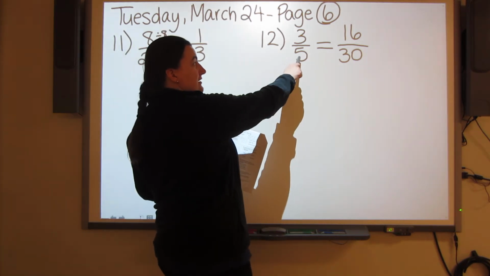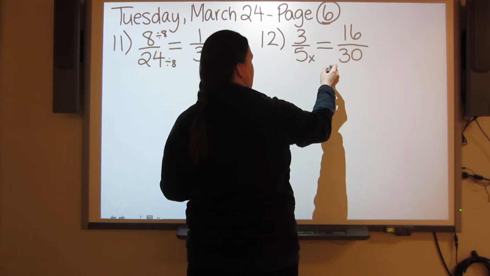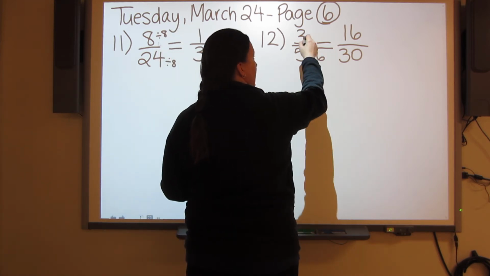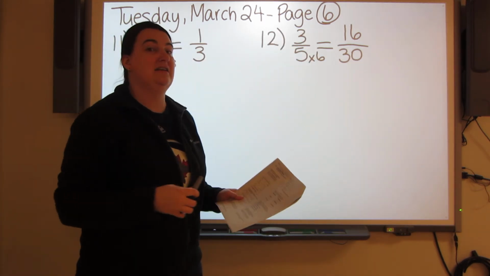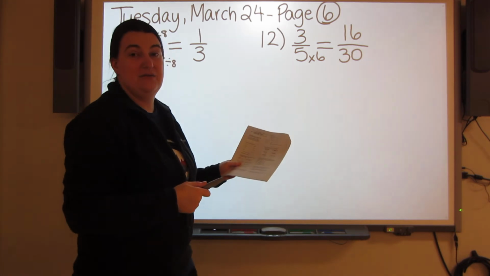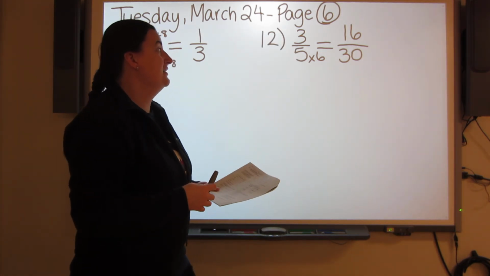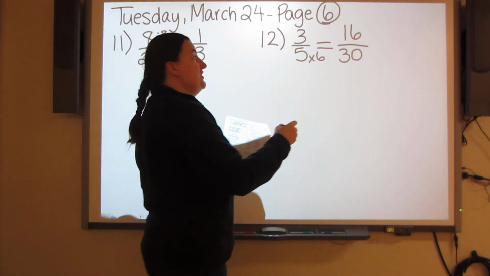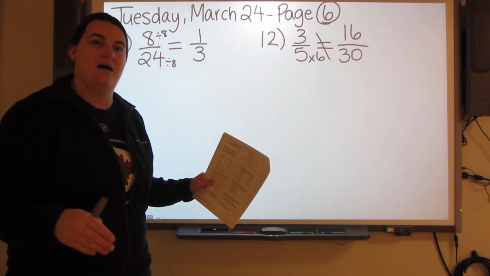So I can turn the 5 into 30 by multiplying by 6, but I cannot turn the 3 into 16. If I were going to make this an equivalent ratio, I would have to multiply that by 6, which would then of course be 18.